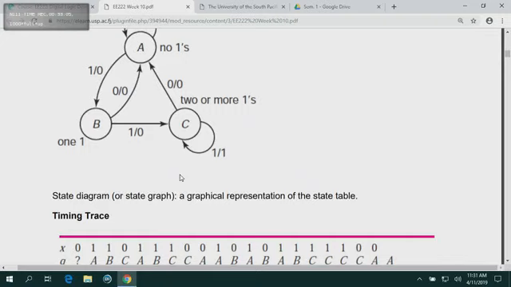If you are doing a design problem, if you are asked to build some traffic light or calculator or some memory system, then we will use the excitation table. If you want to analyze, if some circuit is given and you're asked to analyze, we'll use the characteristic table. Okay?